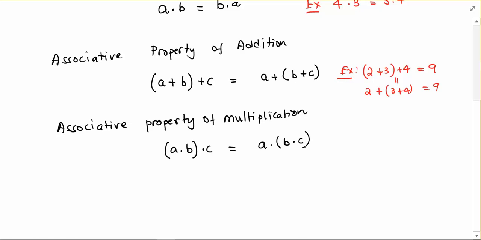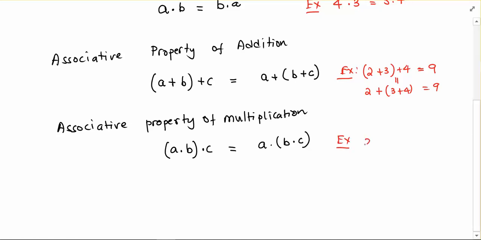So again, it doesn't matter who a hangs out with first. If a hangs out with b, you multiply and then multiply with c, that's the same as b multiplying c and then multiplying with a. And we can again do a simple example.